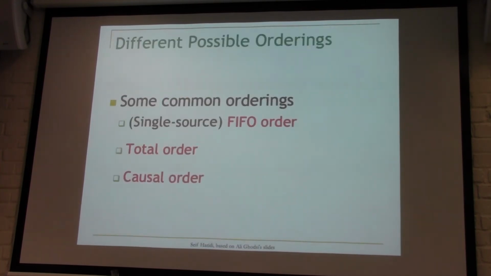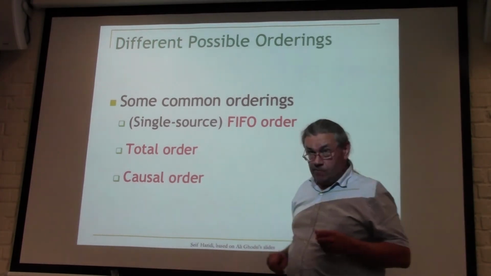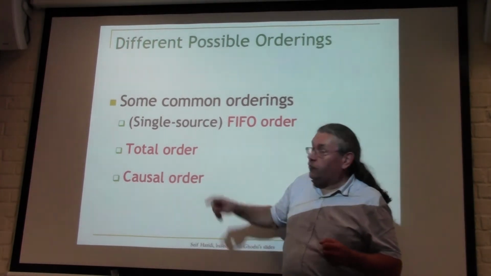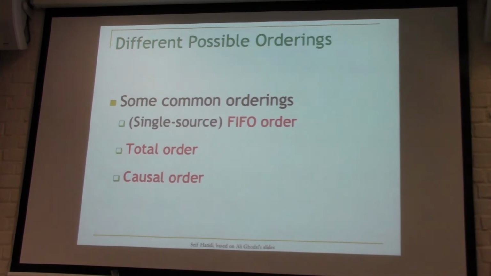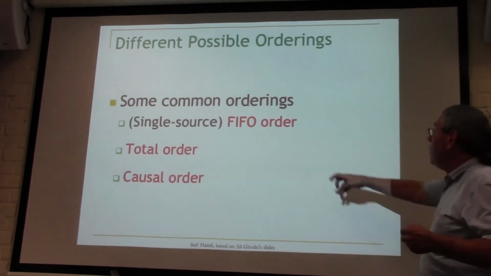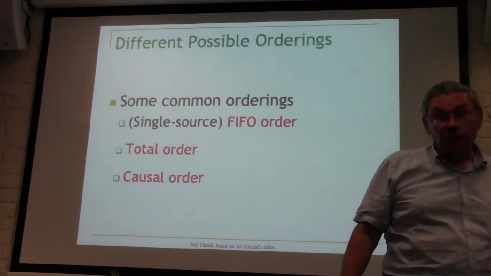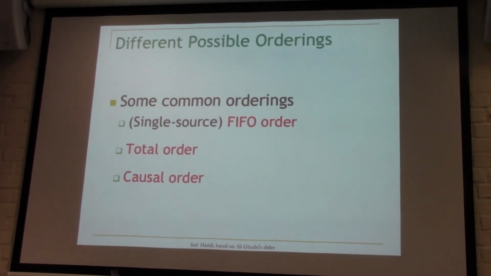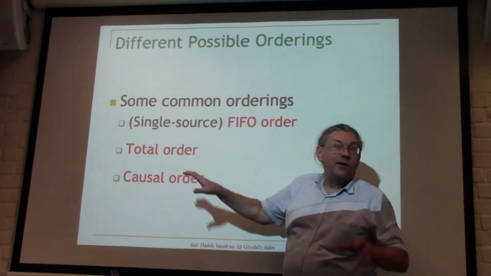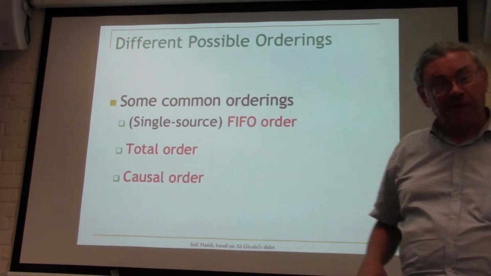We have seen causal order. We also saw total order, and I'm going to define something called FIFO order, or single source FIFO order, because causal order is not the only order between messages.